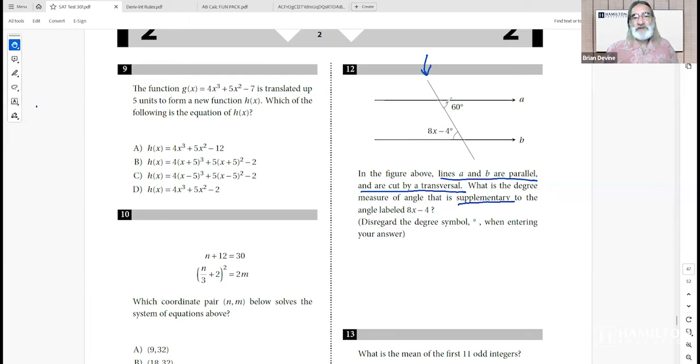Well, I do know that these two are congruent because they're alternate interior angles formed by a transversal across parallel lines. So I know that 8x minus 4 equals 60, which means that 8x equals 64. So x has got to be 8.